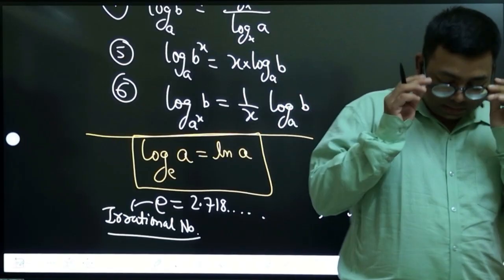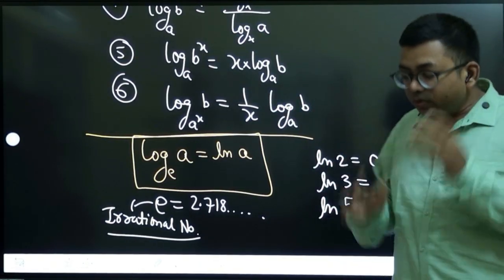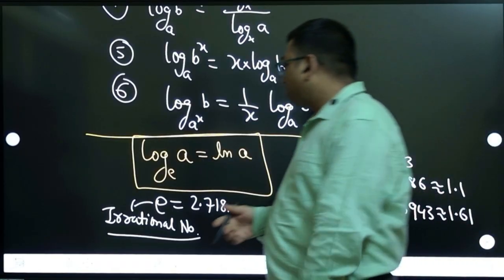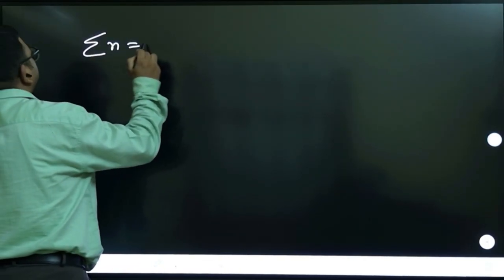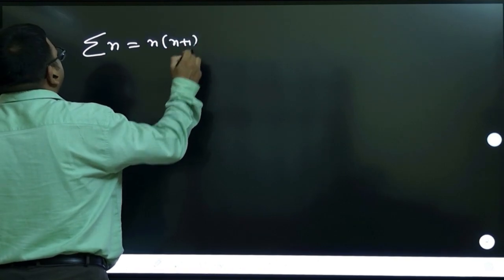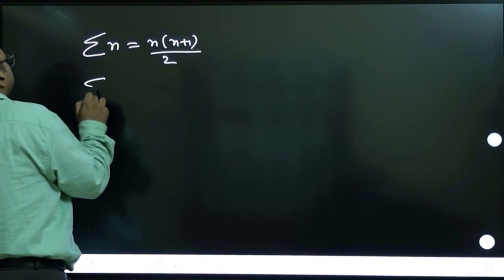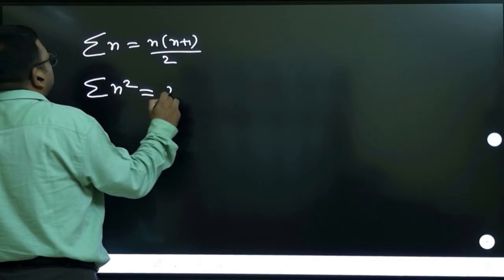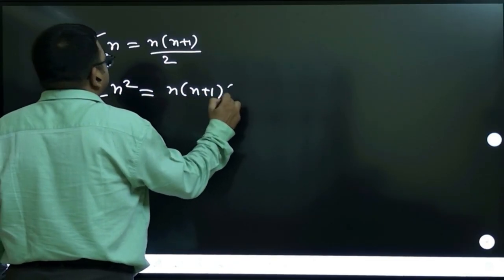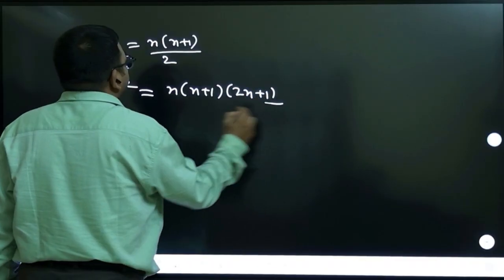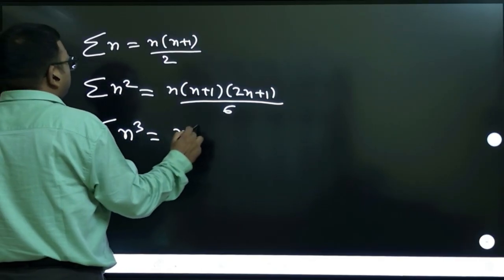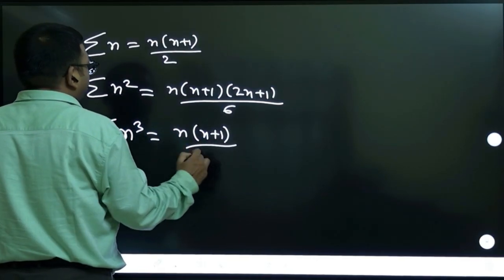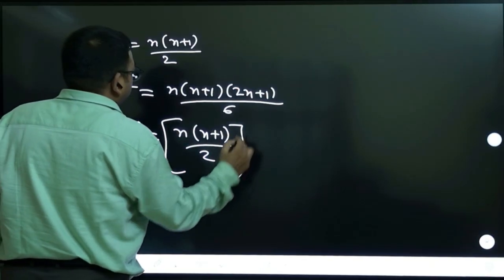So what else in algebra are we supposed to know? Yes, one thing we should also know is the sum of the first n natural numbers: n into n plus 1 by 2. Sum of n squares: n into n plus 1 into 2n plus 1 by 6. Sum of n cubes: n into n plus 1 by 2, the whole square.